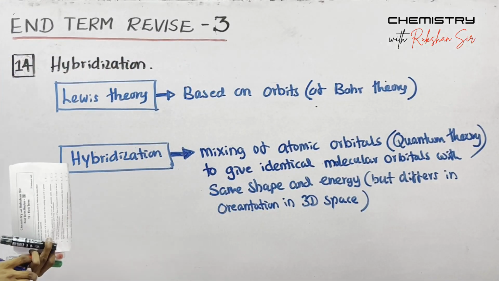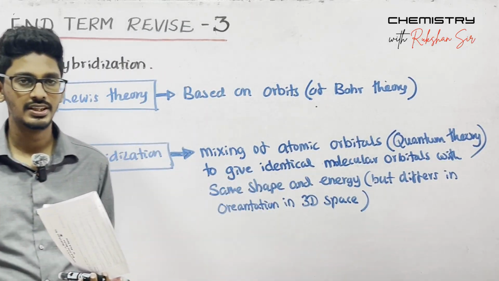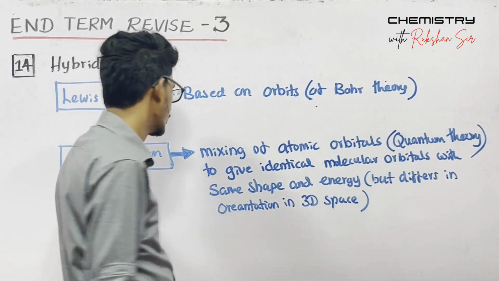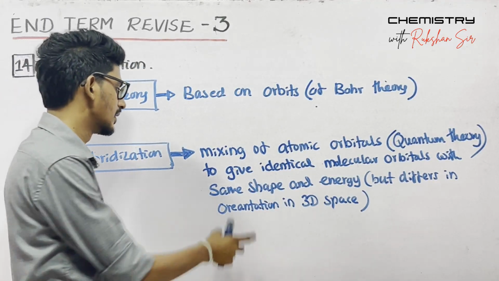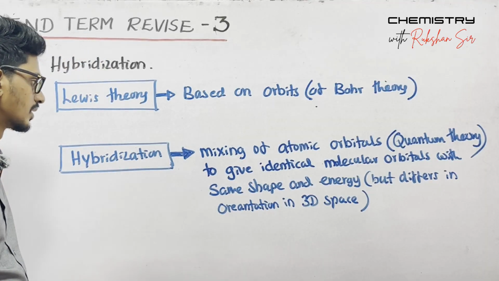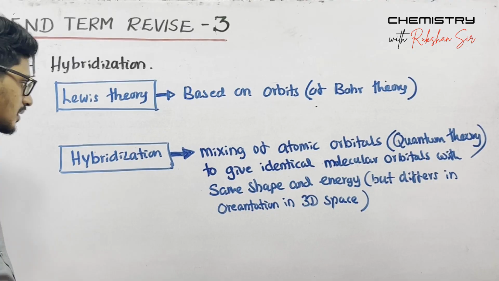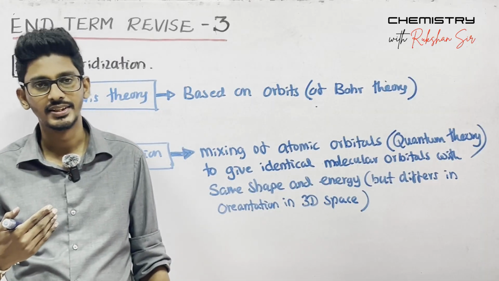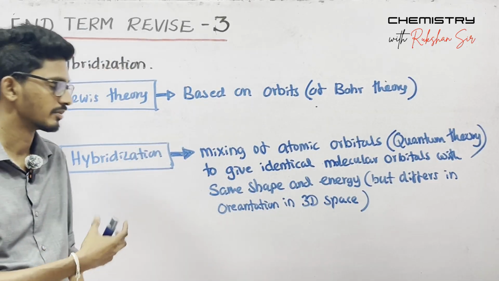The energies are the same, the shapes are the same, but the orientation in space is different. So mixing of atomic orbitals to give identical orbitals with the same shape and energy is referred to as hybridization. To discuss the bonds in 3D space, we need this concept.